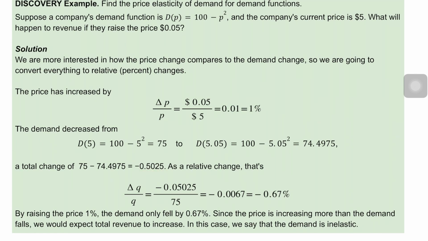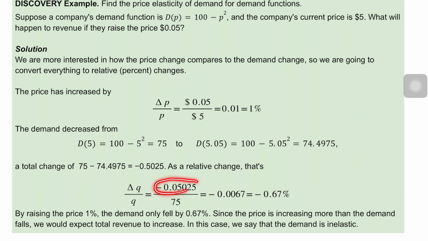So this is the relative change of the quantity relative to the original quantity. The original quantity was at the price of $5. We know that at the original price, we only had a demand of 75 items. So the change that we had between those two is going to be negative 0.5025 over the original demand.